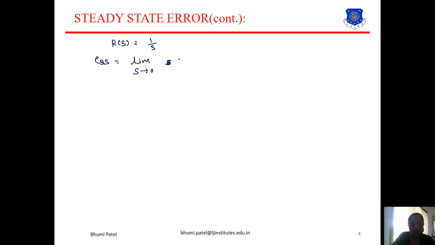1 by s into Ts square upon Ts plus 1. Cancel out s and put the value of s equal to 0. We can get ESS is equal to 0.